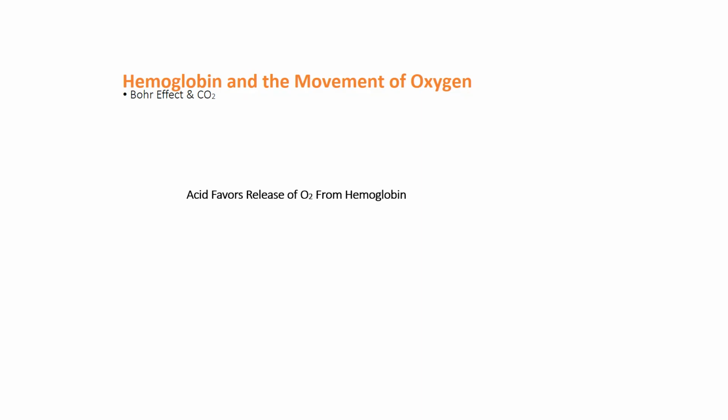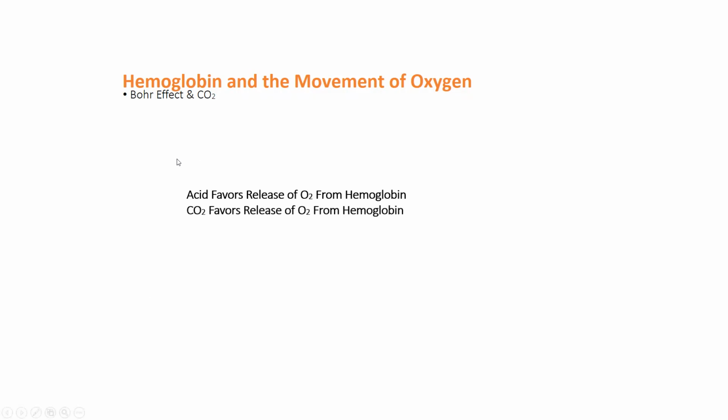So when hemoglobin passes by, the hydrogen protons, these acids, are going to start pushing and displacing oxygen away from hemoglobin. They're going to remove the R state of hemoglobin, full of oxygen, and make it T state. But remember, the hydrogen proton does not bind to hemoglobin. It just pushes the oxygen away from hemoglobin so the tissue can have it.